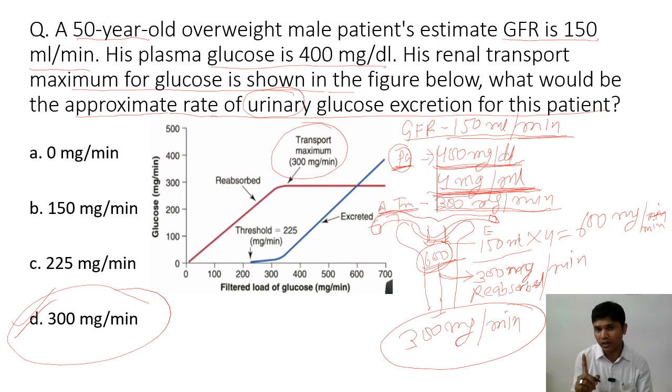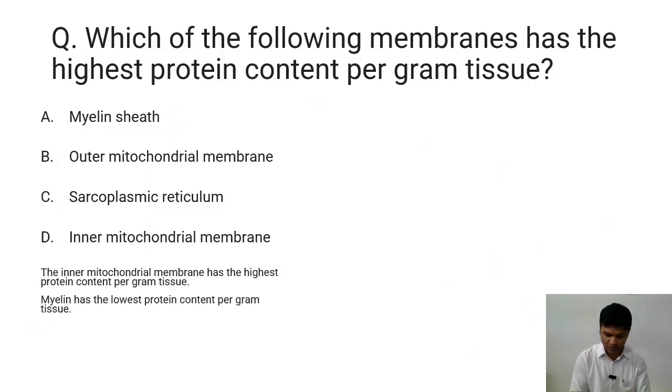So 150 into 4, the total glucose filtered in 1 minute is 600 milligram. Out of that 600 milligram, 300 milligram will be reabsorbed, as transport maximum here is 300 milligram. The glucose left will be 300 milligram per minute. So the answer is 300 milligram per minute. Clear? Let's move to the next question.